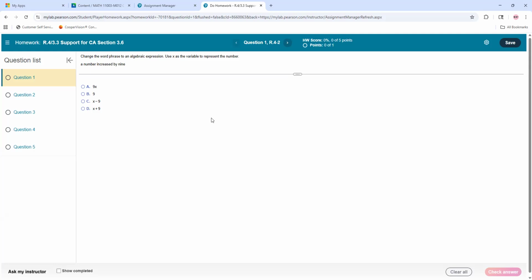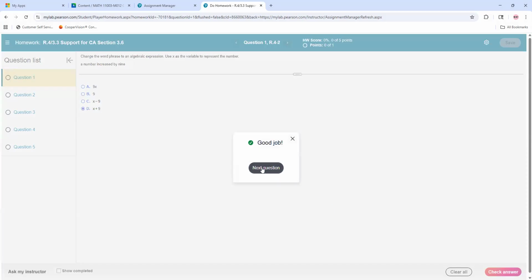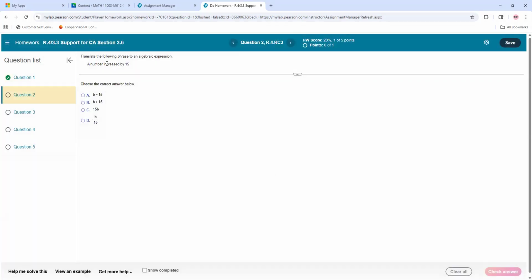A, B, C, D, a number increased by 9. D, perfect, right? We don't know the number x, but increased by means adding. So we're sort of getting ready for those word problems coming up Wednesday, okay? All right, so then our next question. A number increased by 15. A, B, C, D.